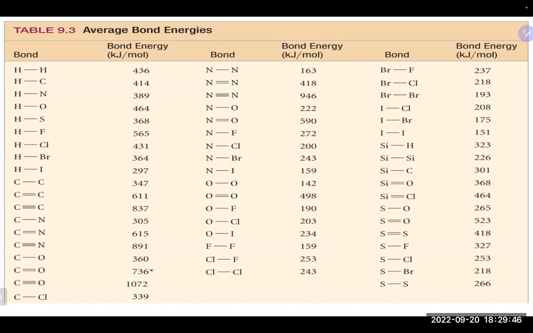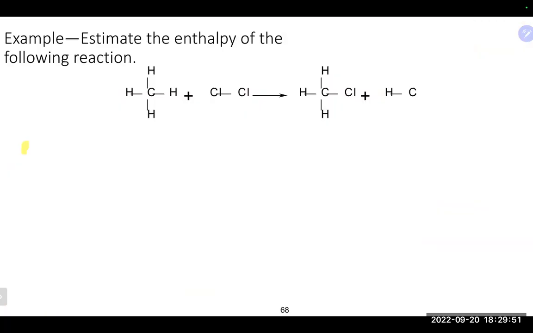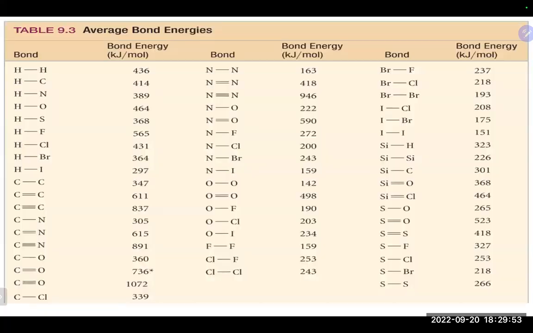So for example, let's say we wanted to calculate the delta H of this reaction here. So we'll draw it here.